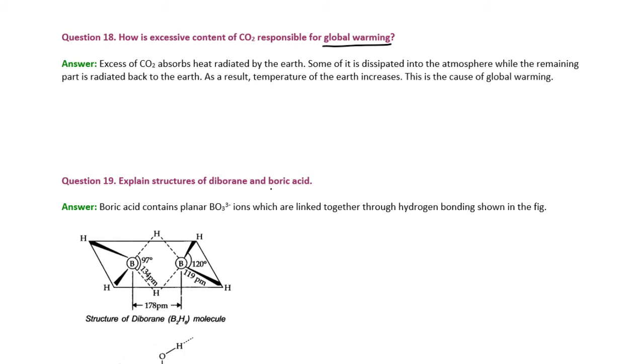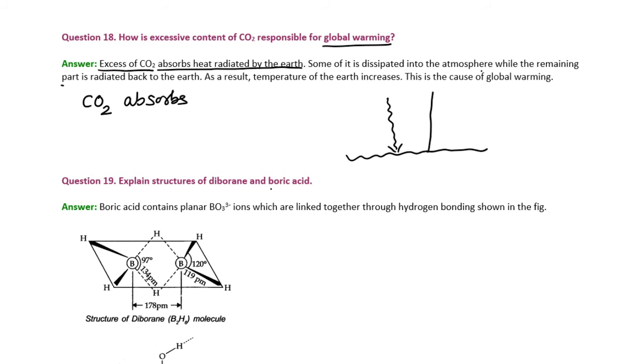So keep in mind that CO2 absorbs heat. It is written that excess CO2 absorbs heat radiated by the earth. What happens is, when sunlight falls on the earth, some of the part is dissipated into the atmosphere and the remaining part is radiated.